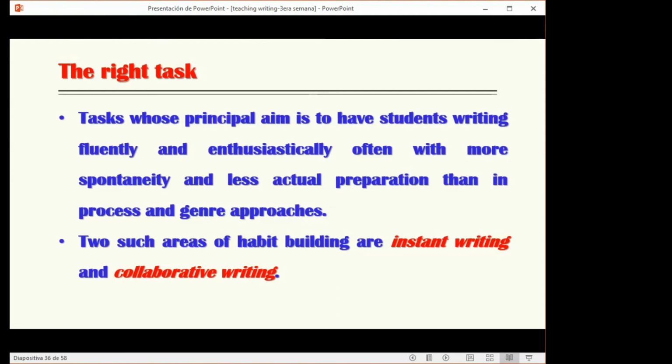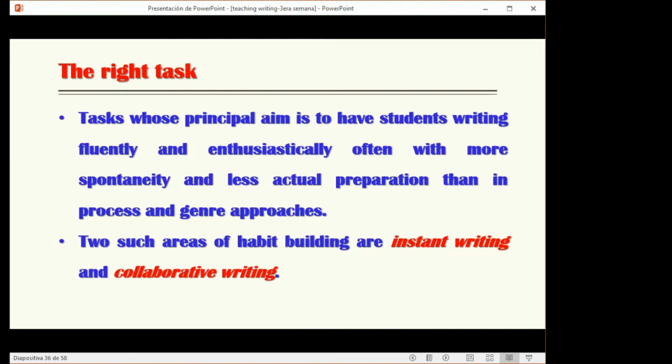Fluency means that the person who is writing doesn't think too much, so the ideas that they have in their mind come easily to write. This is the meaning of fluency here. And remember, when we talk about productive skills, we have this term, fluency, in an oral way or in a written way. Don't forget it.